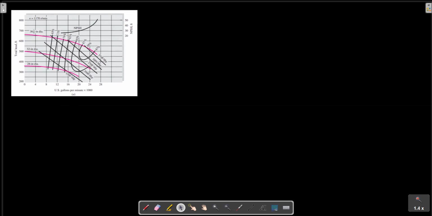In this case, we also have a relation for the pump head from this diagram, which is A, for example, plus B Q square, where the first part is H0.